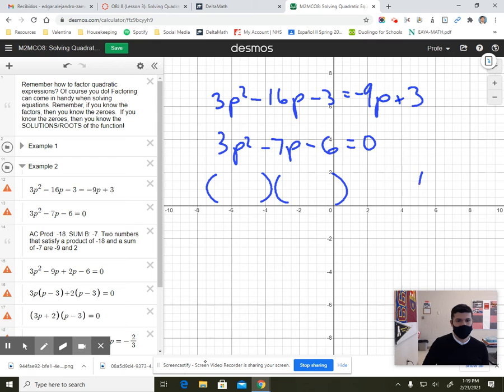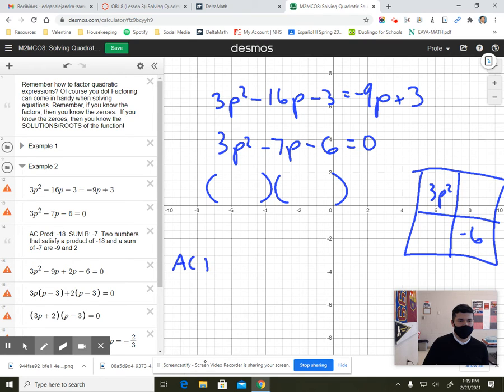All right, if you remember, what I'm looking for in this case, I know my 3p squared goes here, and I know my negative 6 goes here, but I don't want to be guessing and checking the whole time. So I'm going to use my AC product skills. My AC product is 3 times negative 6, which is negative 18.